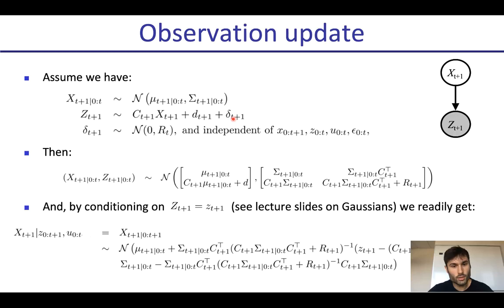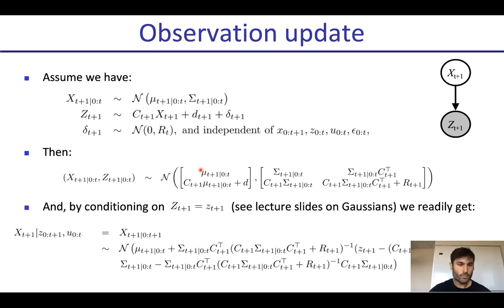Then we can again find that the joint will be an exponential of a quadratic, and hence we can find the parameters mu and sigma because it is a Gaussian variable. Working through the math the same way that we found the joint for xt and xt plus 1, we can do the exact same steps to find the joint of xt plus 1 and zt plus 1.